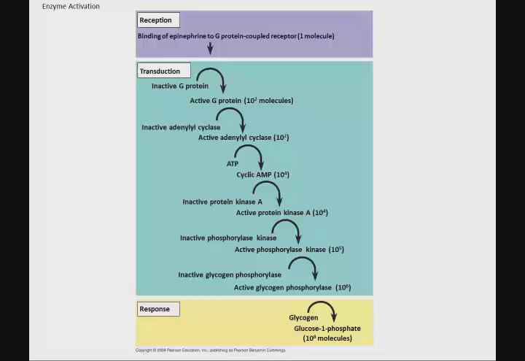I need that energy to do something to keep me alive. And so you can see here that initial activation of the G protein going through this phosphorylation cascade. You can see literally orders of magnitude increase each step of the way to get more and more molecules recruited to this signal to ultimately get the response of converting glycogen into glucose.